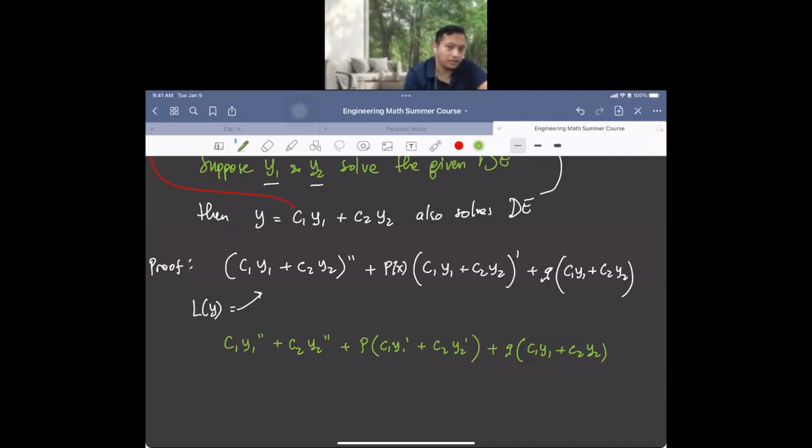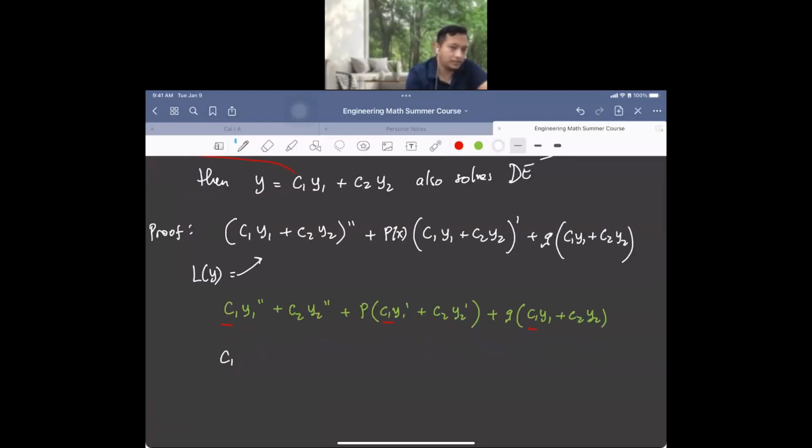Now we can combine the C1 terms together.